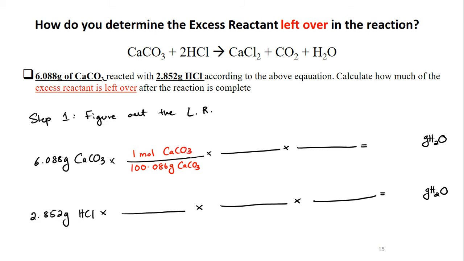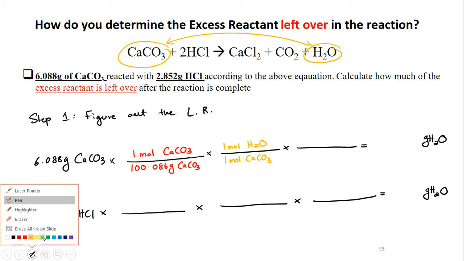Then we have to look at calcium carbonate and water. Those are the two things I'm comparing for this dimensional analysis. There's 1 mole of calcium carbonate for 1 mole of water. That's a 1-to-1 ratio. So that means 1 mole of CaCO3 goes on the bottom and 1 mole of water goes on the top. Okay, so I want to cancel out calcium carbonate and I want to go to water.